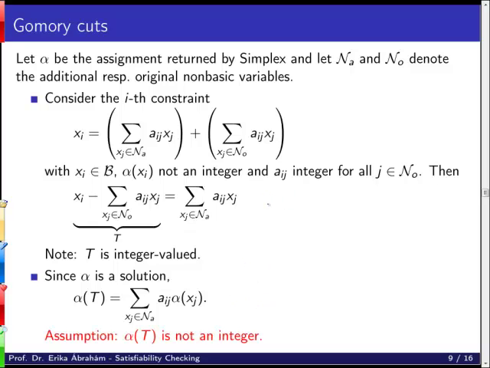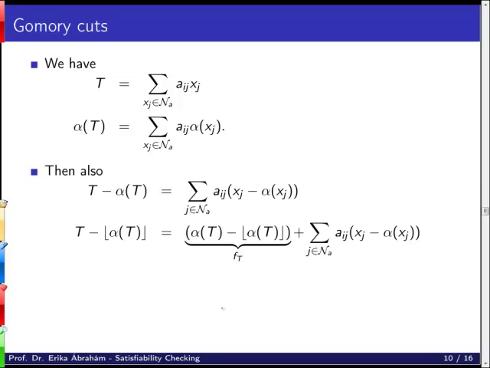So this should be integer, but it's not. So I define the difference, t minus alpha of t. This left-hand side equals also the difference of the terms on the right-hand side minus their values. So far, so good. And now the basic problem with our assignment is that this value should be an integer, but it is not under the current assignment.